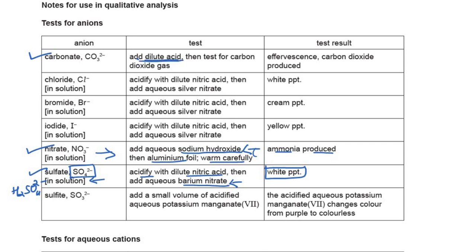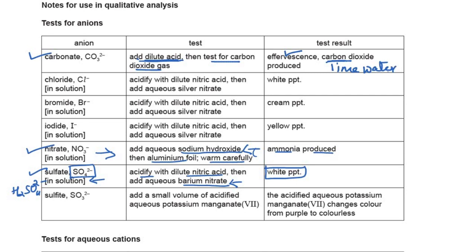Effervescence will be seen, and the gas produced during the effervescence is carbon dioxide. It will turn lime water milky, because the test for carbon dioxide is turning lime water milky.